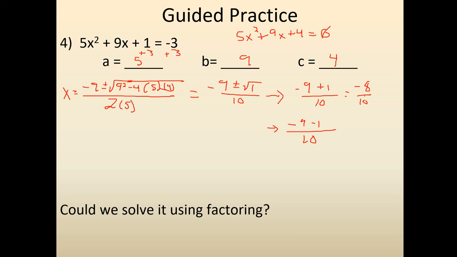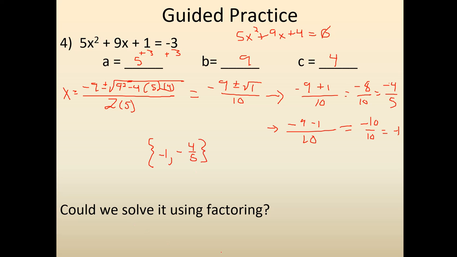This can be further simplified by dividing both numbers by 2, so negative 4 over 5. This one, negative 9 minus 1 is negative 10, which gets me negative 1. So my solution set here is negative 1, negative 4 over 5.